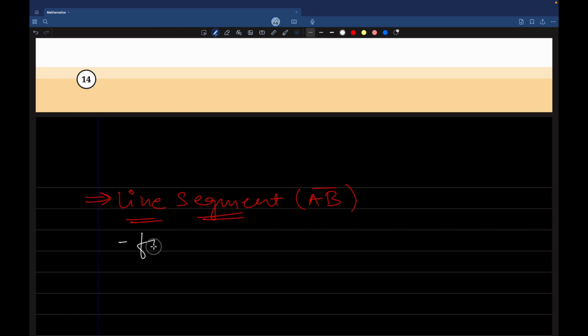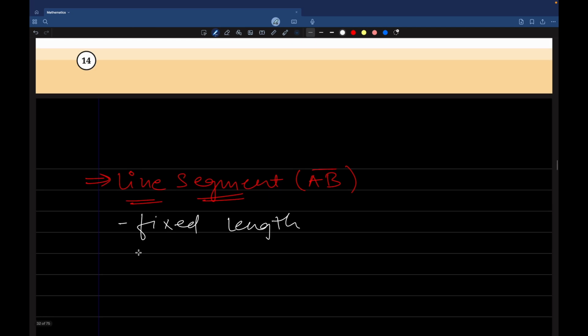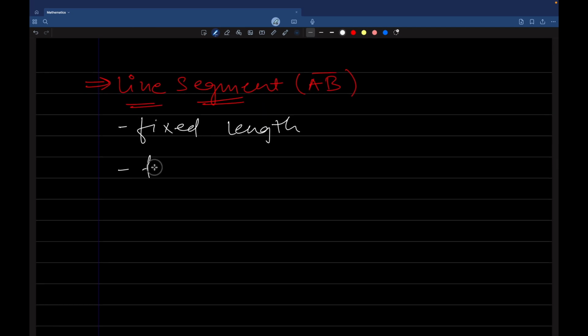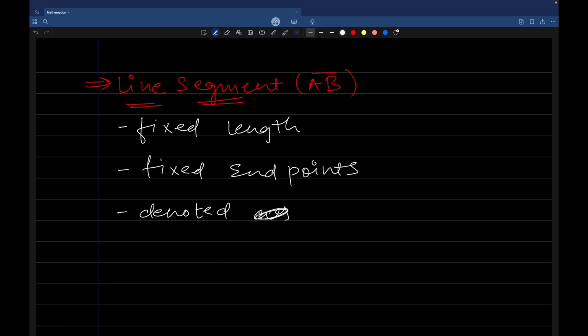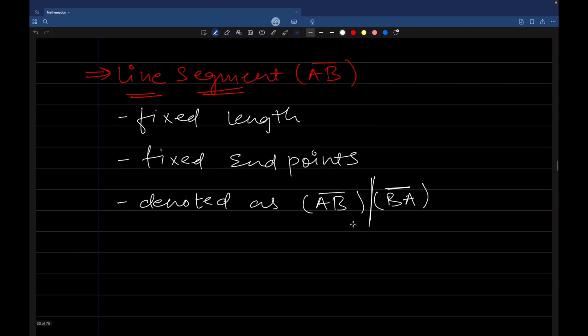Line segment has fixed length, it has fixed end points, denoted as AB bar, and it is same as BA bar. We can represent it in one of these two ways.